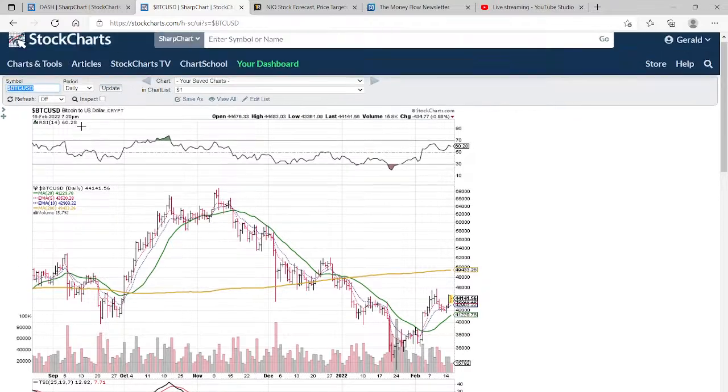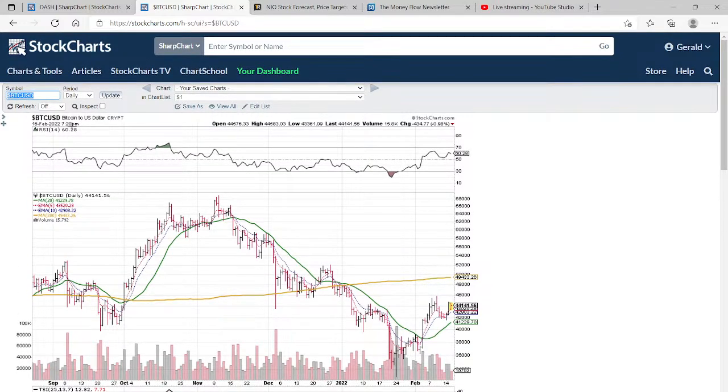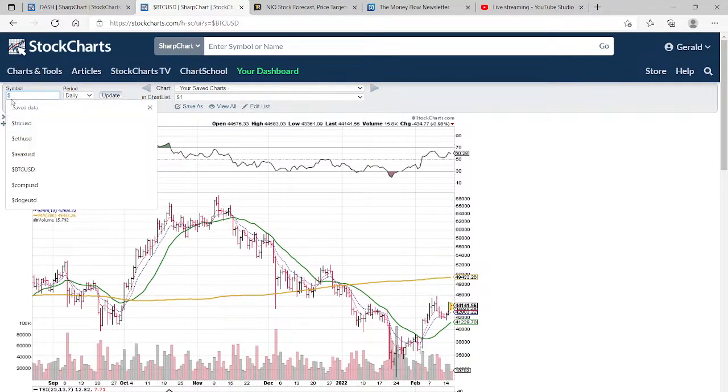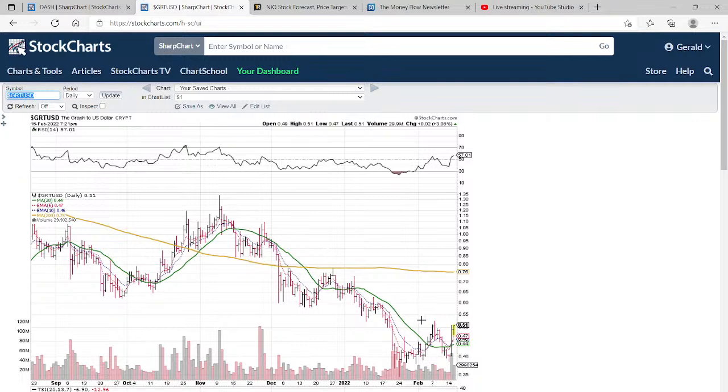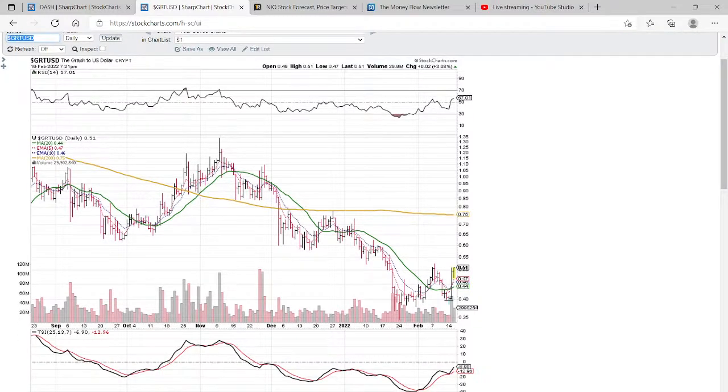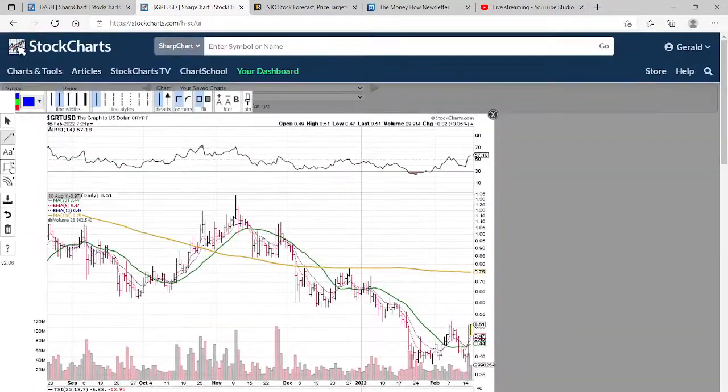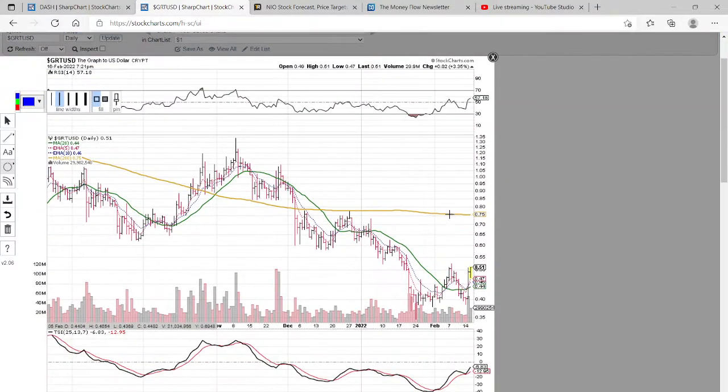The one I've been loading up on, as far as the swing trade on this cycle, I usually have 1 or 2 that I'm focused on. If you're in my group, I text out we are buying GRT. I got lucky on that because I bought it right when it was breaking the 20. I sent that text out because you could see Bitcoin was pumping. GRT was one I hadn't added to in a minute.